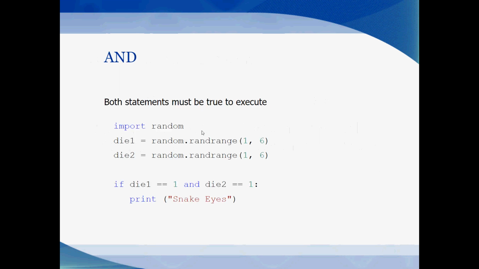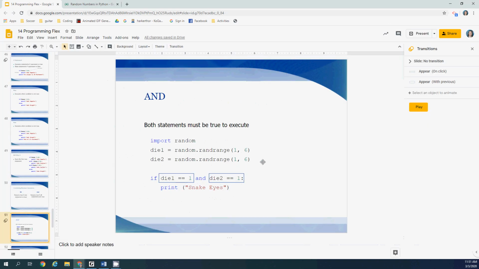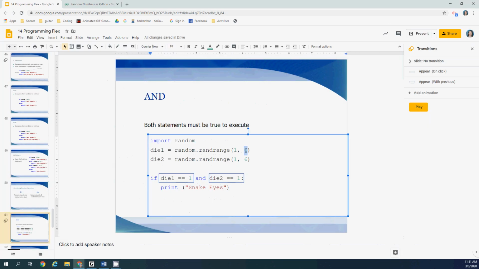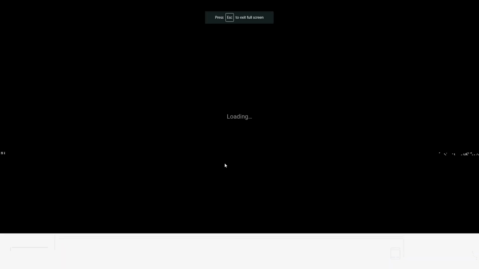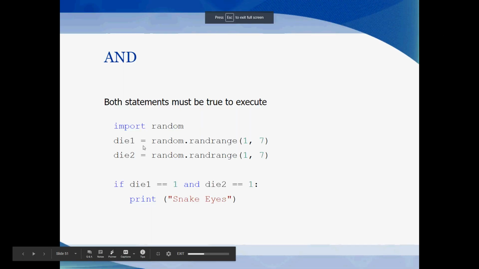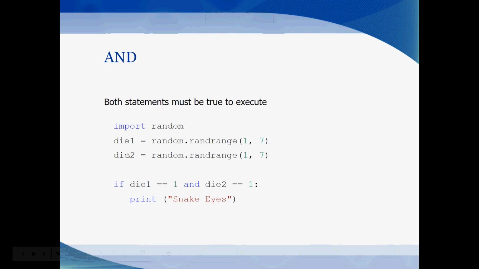So I did this using random numbers just to show you. I imported random, and I have a die 1 and a die 2 that are equal to, that's not correct, right? Because our random range has to go up to, but not including, that 7. So now it's a random number between 1 and 6.